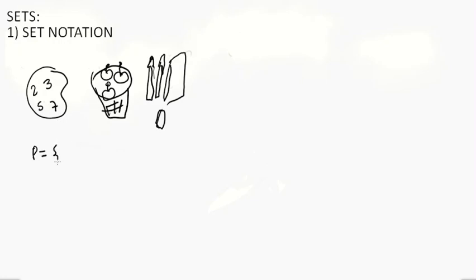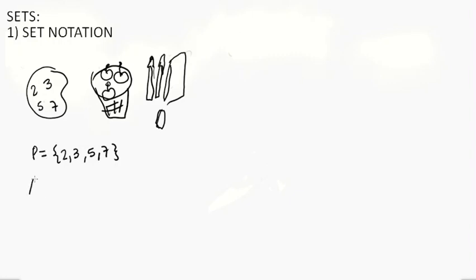So I could write the set P, uppercase P, equals, open squiggly brackets, 2, 3, 5, and 7. When we are writing sets, the names are all uppercase letters. So this is capital P.